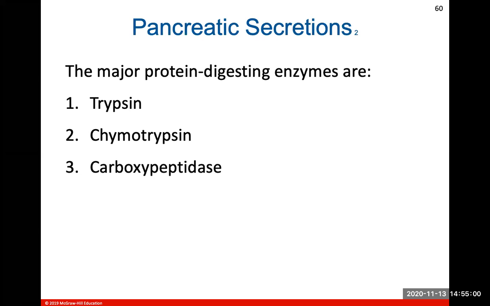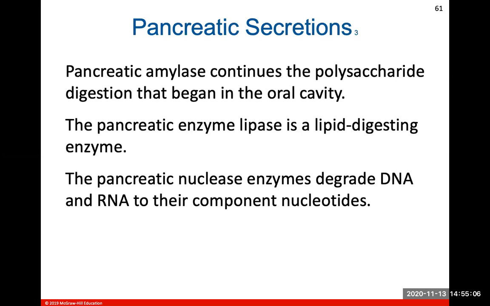The major protein digesting enzymes are trypsin, chymotrypsin, and carboxypeptidase. Pancreatic amylase will continue the polysaccharide digestion of carbohydrates that takes place in the oral cavity. Lipase will help digest lipids, and nuclease enzymes will degrade DNA and RNA to their component nucleotides.